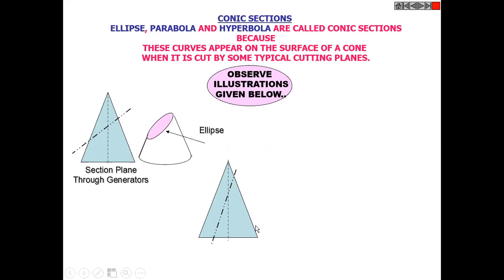Now the second figure. This is the cone, with the same axis and end generators. This is the section plane. In the second case, I am changing the position of the cutting plane, and this cutting plane is parallel to the end generator.